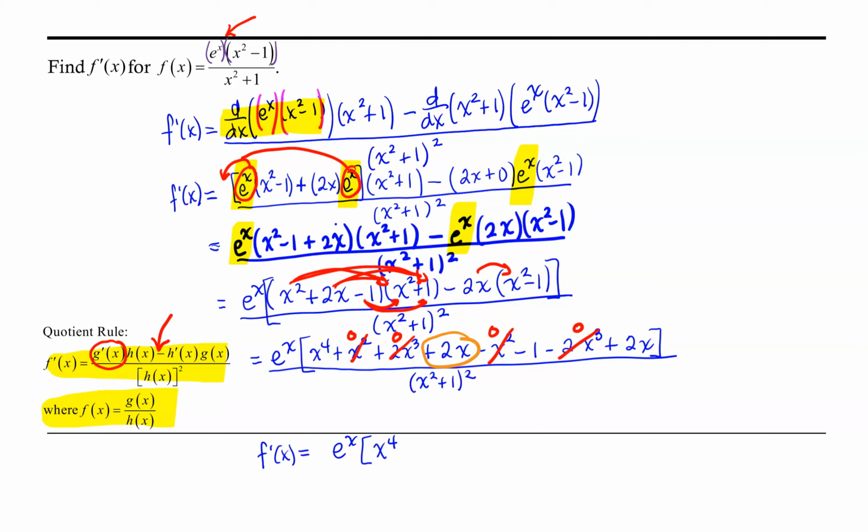We do have a plus 2x and a plus 2x, so we'll have a plus 4x term. And then the only other term remaining is this minus 1, so minus 1, all over x squared plus 1 squared. I hope you find this helpful.